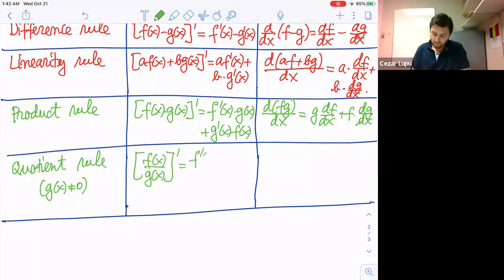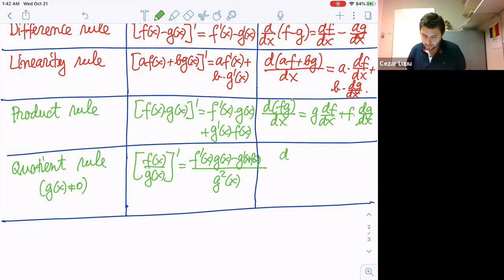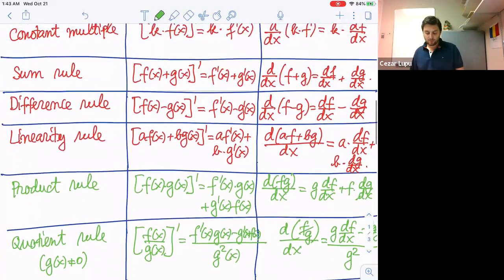This will be f prime of x times g minus g prime of x times f of x, everything over g squared of x. Or if we want to write this in Leibniz notation, it can be written this way: g df with respect to x minus f dg with respect to x, everything over g squared. All right, I want you to look at these rules. These are the rules.